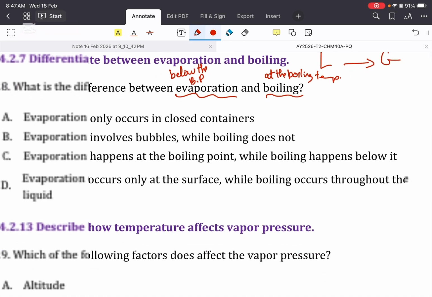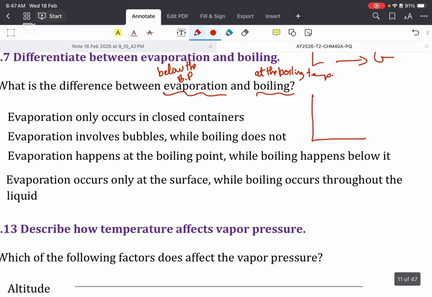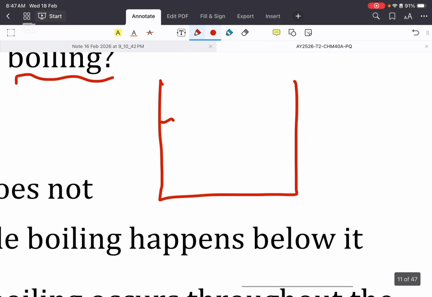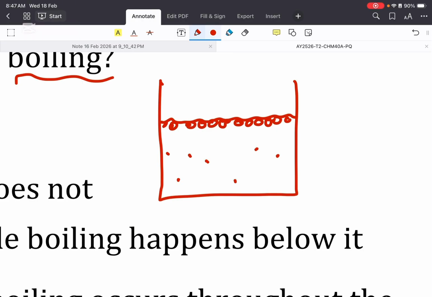Now, one more thing. If I have a container that is liquid, the particles at the surface will always have a higher kinetic energy than the particles in the middle of the container.